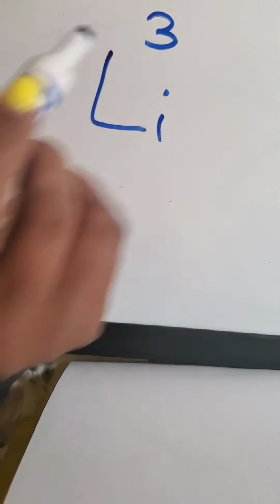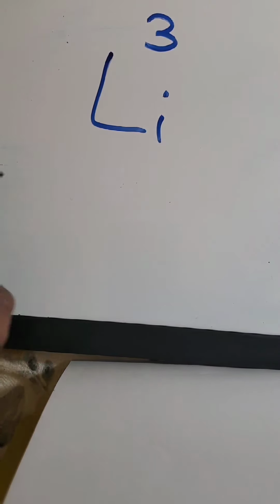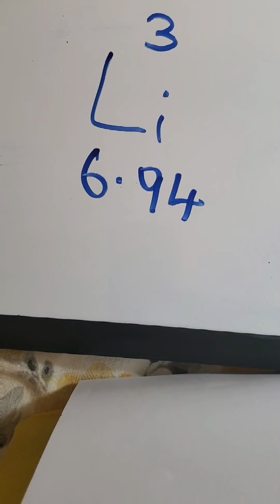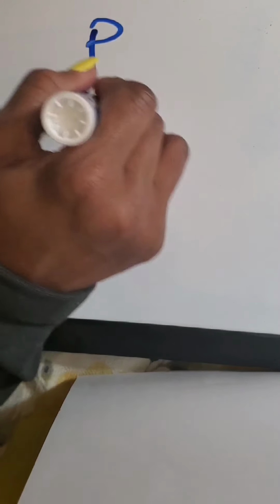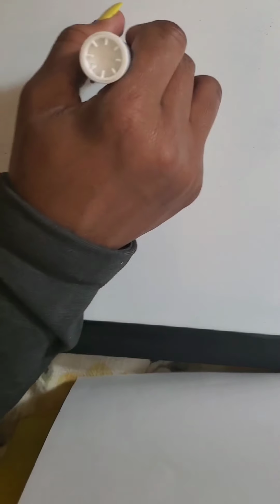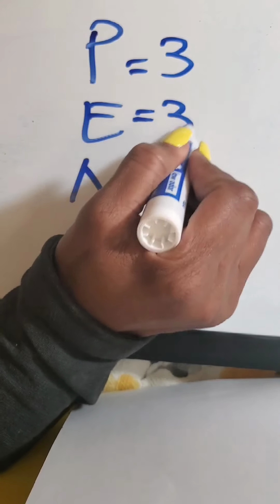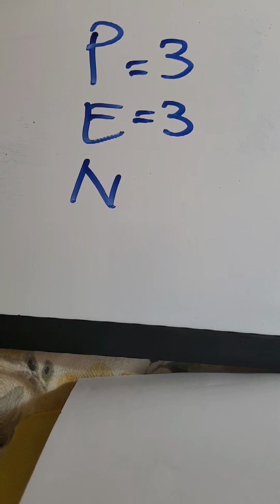Now let's look at lithium. Lithium is the third element, and the atomic number is 3 and the mass number is 6.94. Rounding off 6.94, we know that is 7. So let's do our PEN method. Proton is 3, electron is 3, and our number of neutrons we have to calculate.